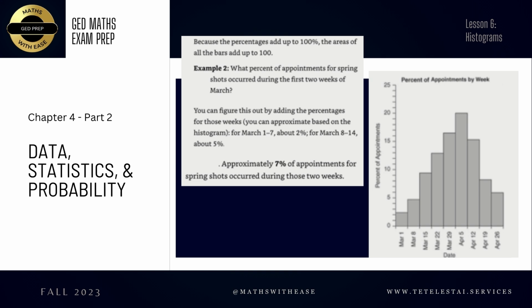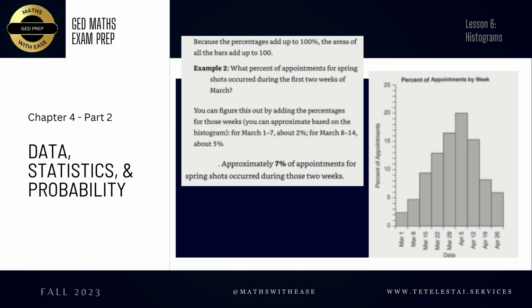So in this example, we're being asked what percentage of appointments for spring shots occurred during the first 2 weeks of March. So we just go to our percentage histogram. We know that the first week of March represents around 2% of the total number of appointments. And then the second week of March, we've established represents around 5%.